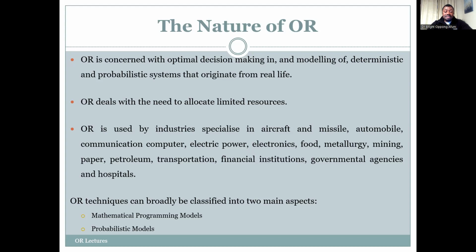The techniques of operations research can broadly be classified into two main aspects: the MPMs, or mathematical programming models, and the probabilistic models. The mathematical programming models provide exact solutions. For instance, 1 + 3 is equal to 4. That is an exact solution.